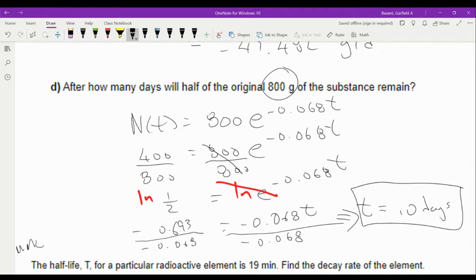Now, after all this manipulation, we probably could have gone back to the formula that we did for double time in some of the previous section. If you remember that, we said the double time t is equal to the ln of 2 over k. You guys remember that formula?